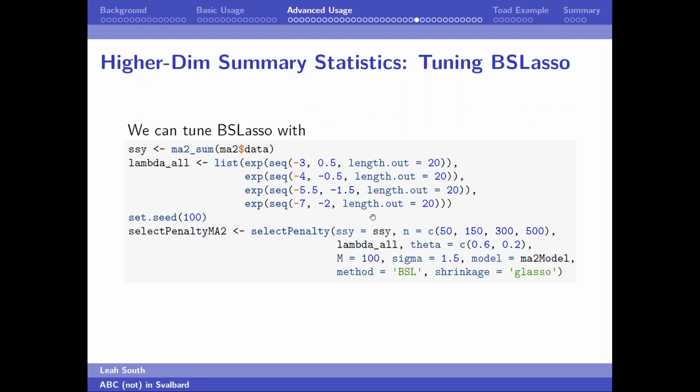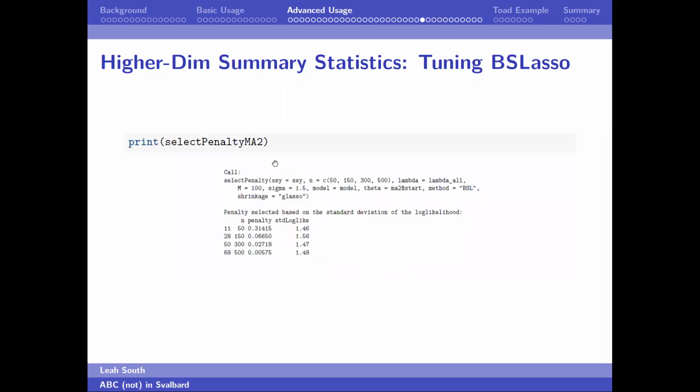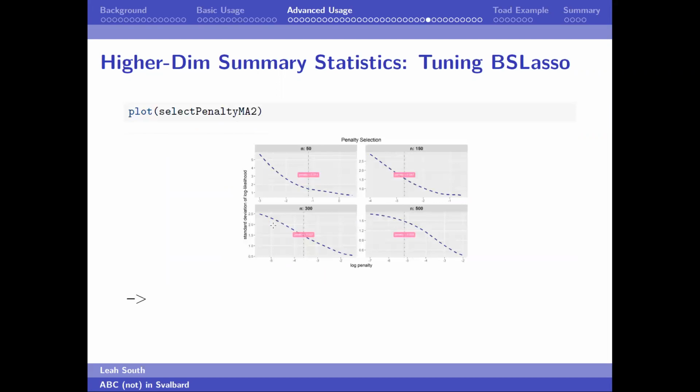For each value of n, we've got a sequence of different lambda values we might like to try. Basically, this is going to tell you which penalty value has the best standard deviation of the log likelihood. You can also do plots of that as well.